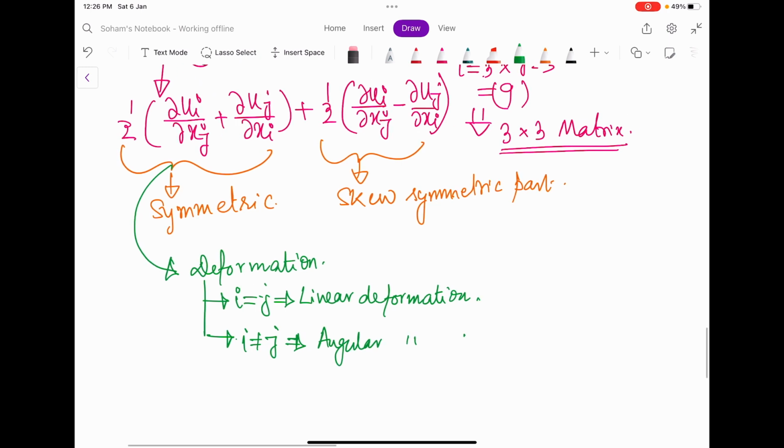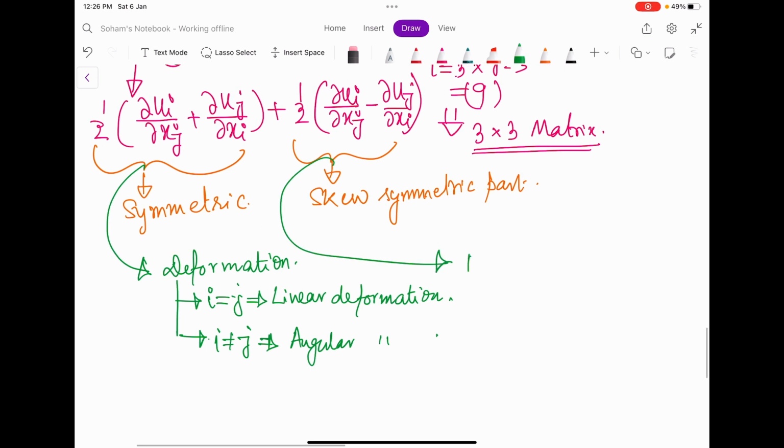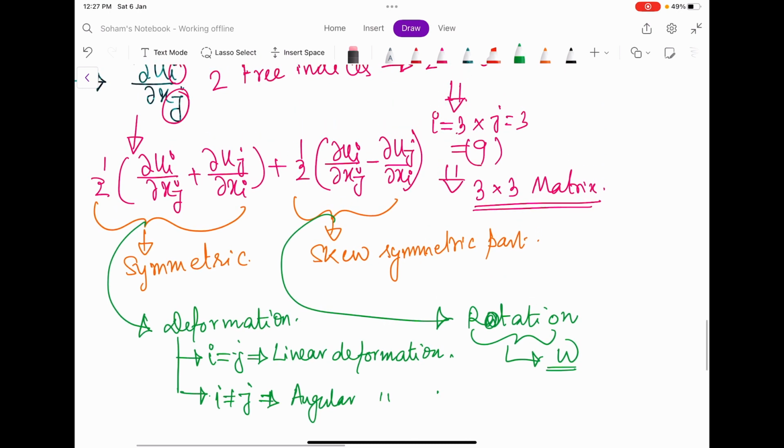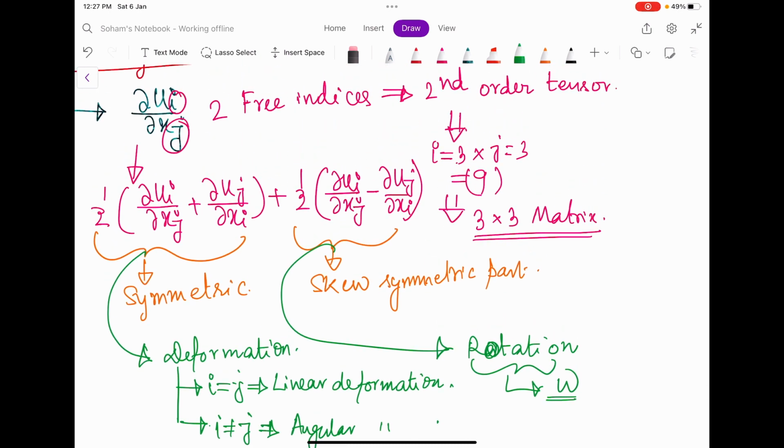Similarly, this part is rotation, essentially the angular velocity, omega. That means the velocity gradient tensor contains the information of both deformation and rotation.